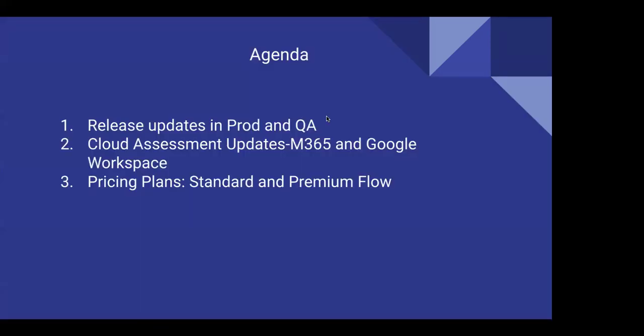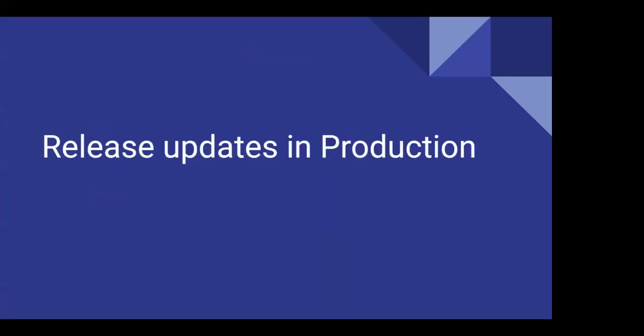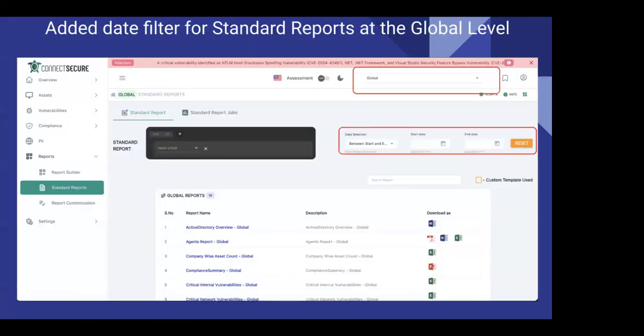As in the agenda, I'll quickly go through the updates in production and QA. A couple of them are in production. We introduced the date filter for the standard reports at a global level. It was there earlier for the company level, but to maintain consistency and at the ask of some partners, we introduced this date filter.